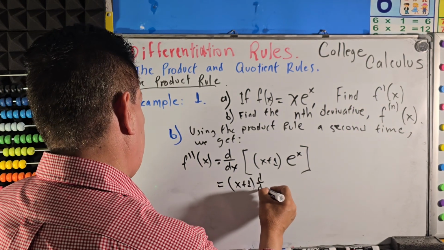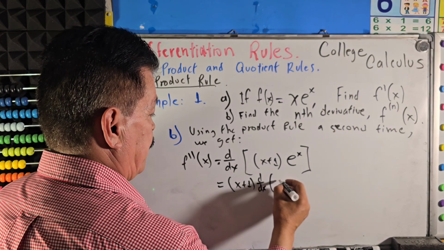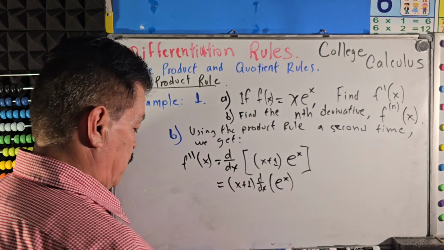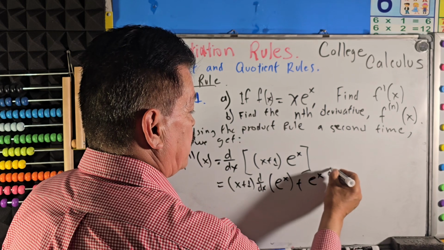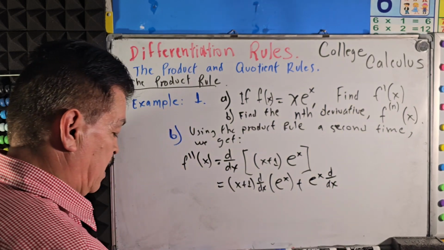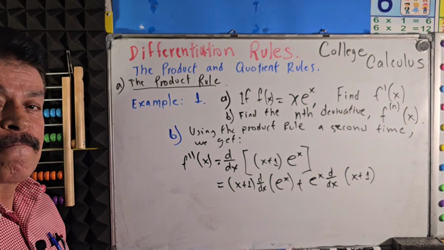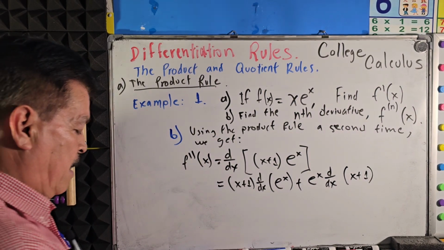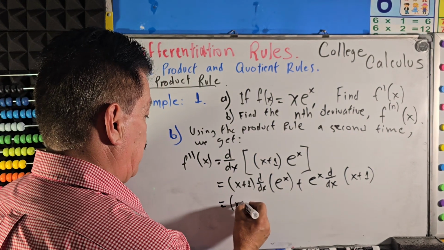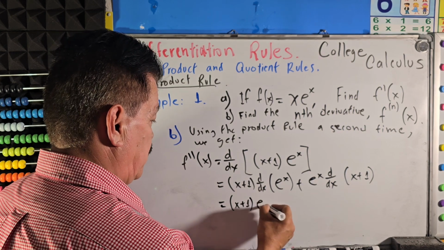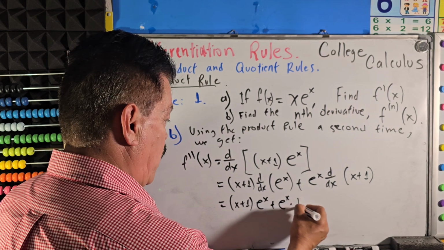So now we have x plus 1 times d over dx of e to the x power, plus e to the x power times d over dx of x plus 1. Just follow the rule. Our conclusion: x plus 1 times e to the x power plus e to the x power times 1.